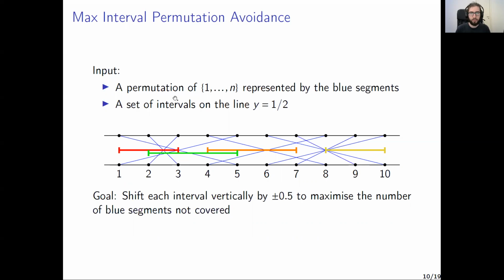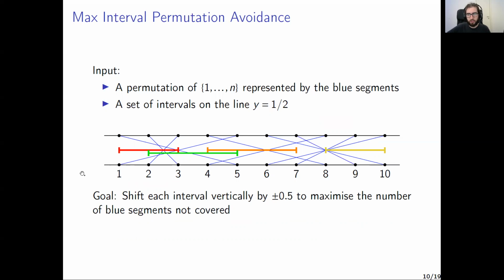You are given a permutation of the integers between 1 and n, represented by some blue segments here. So for example, here n is equal to 10, and this blue segment here means that 1 is mapped to 5 in the permutation, 2 is mapped to 3, 3 is mapped to 2, and so on and so forth.